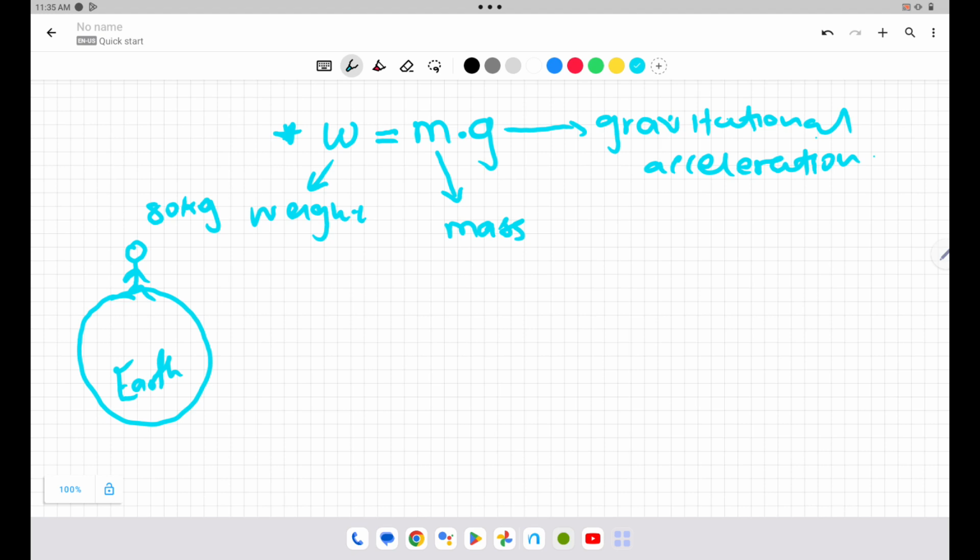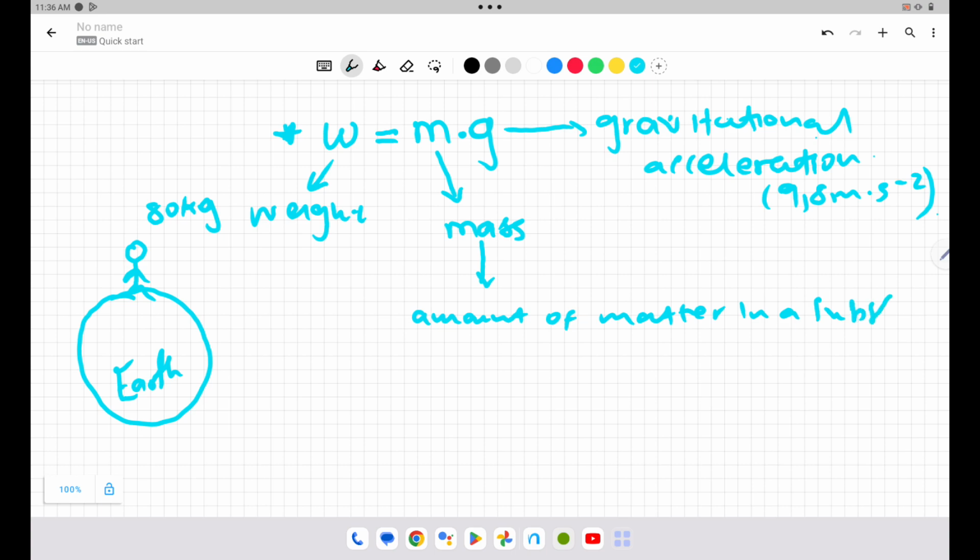Okay, so we know that the gravitational acceleration on Earth is a constant. It's 9.8 meters per square second. When we talk about mass, this is the amount of matter in a substance.